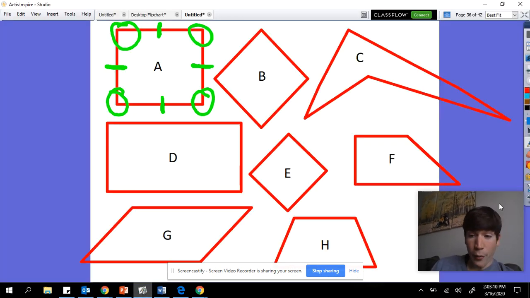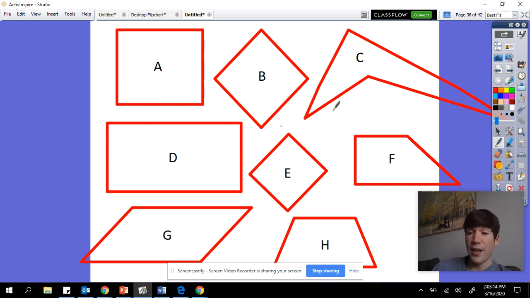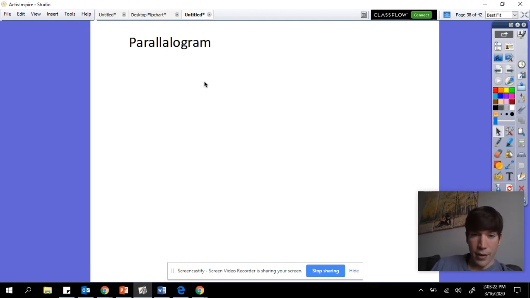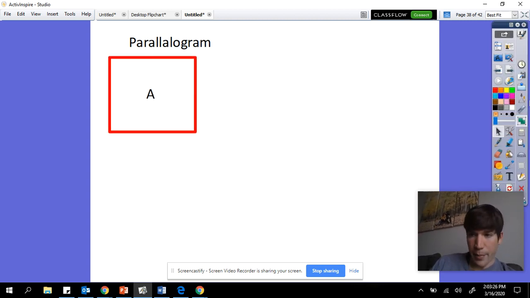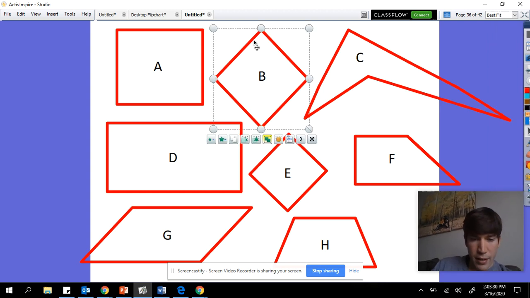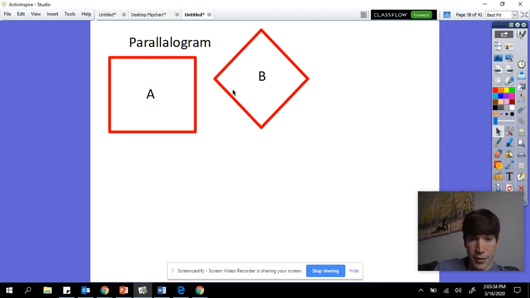So if I went back through and started to classify some of these shapes as parallelograms, I would have a bunch. I would say that A is a parallelogram, and we'll put it there. A is definitely a parallelogram. Going back, B is a parallelogram. It fits all three of those categories.